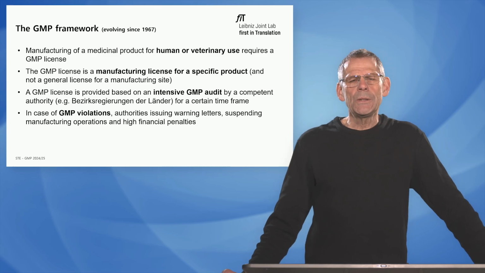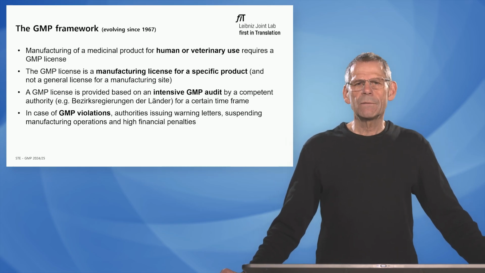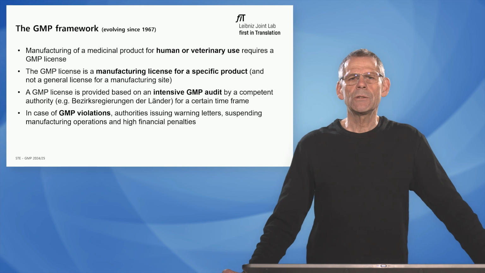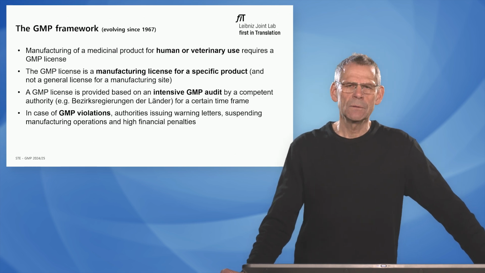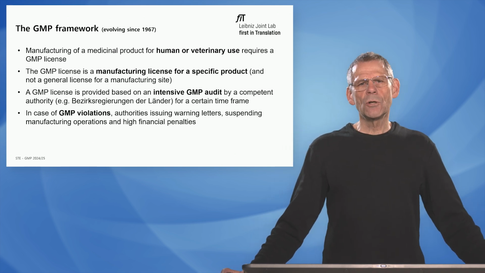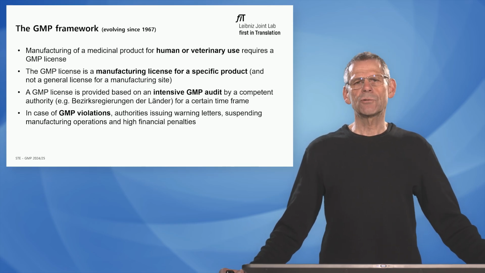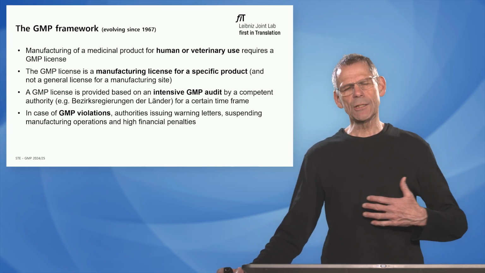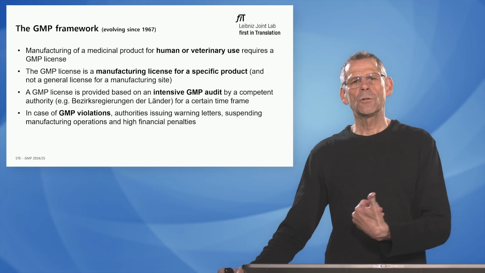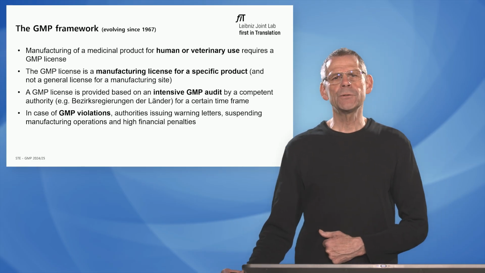Now, in case we do not follow this good manufacturing practice, we talk about GMP violations. And if this occurs, first you get a warning letter where they clearly describe what has to change or what they would like to see improved during the operation.